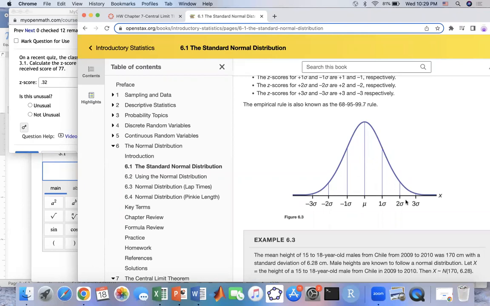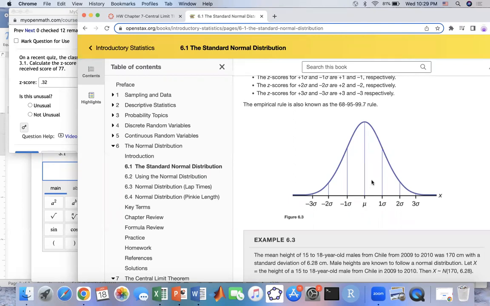And 3, that would be 99.7. So we have the rule over there. So more than 2 this way, or less than -2 this way, those areas we call unusual. So our answer over here, 0.32, is somewhere over here, right here. So that would be not unusual.